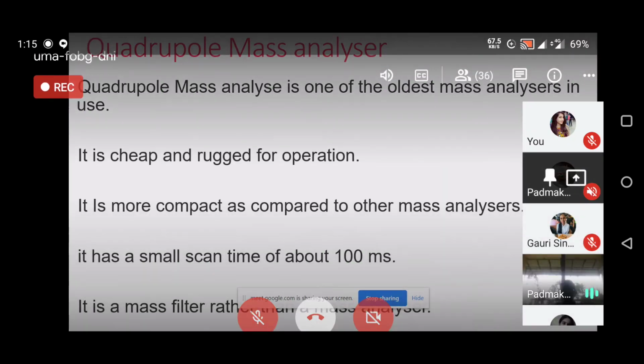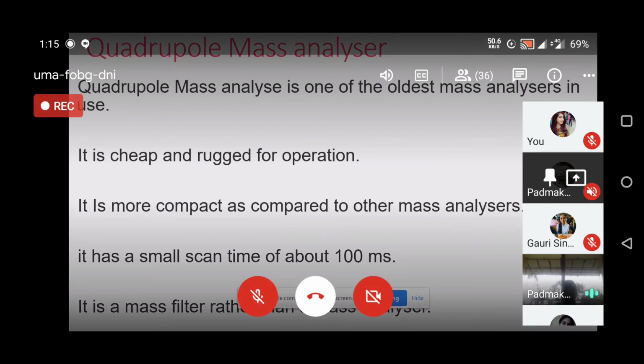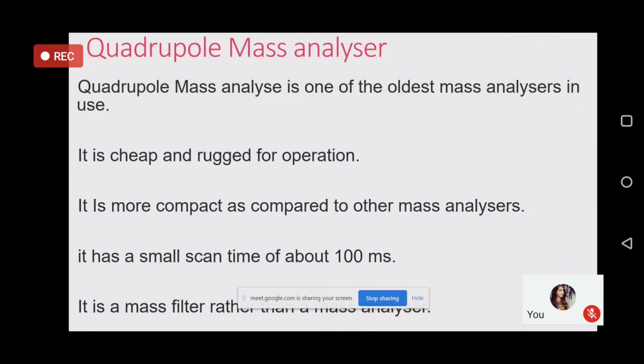Same way, these mass analyzers, whether single sector, double sector, or time of flight, behave like a grating, where the grating deflects and separates the wavelength. Here, the analyzer is separating different M by Z values. So its function is like a grating, because there is a separation of different M by Z values, just like in a grating you have separation of different wavelengths.